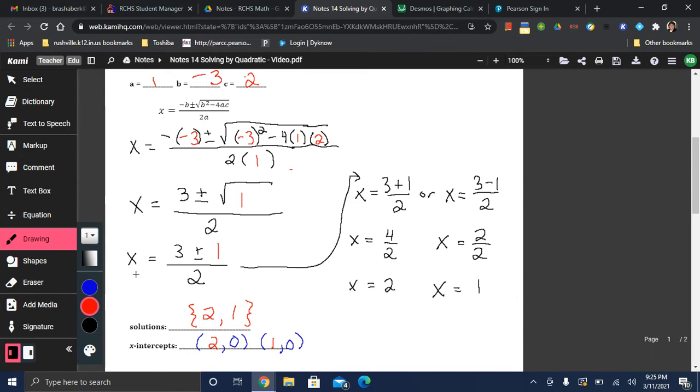All right, so this is what your work for the quadratic formula is going to be. Each problem should have this many lines. So in fact, you could even number the lines if you want to. I'll do that on the next problem. This would be line number 1, line number 2, line number 3, line number 4, line number 5, and line number 6. Each problem should have 6 lines of work.